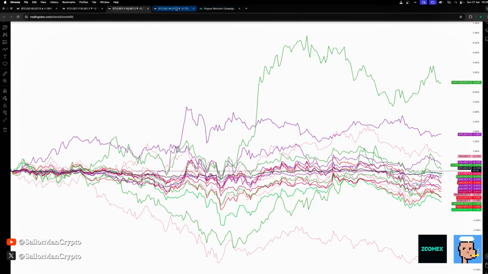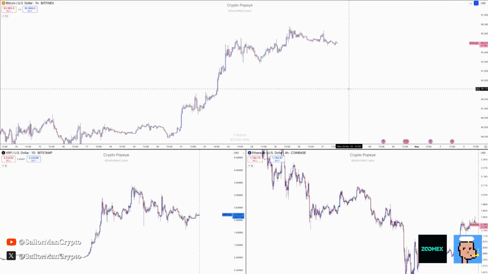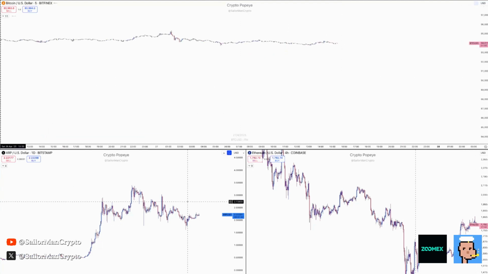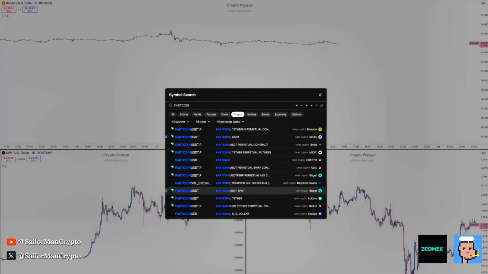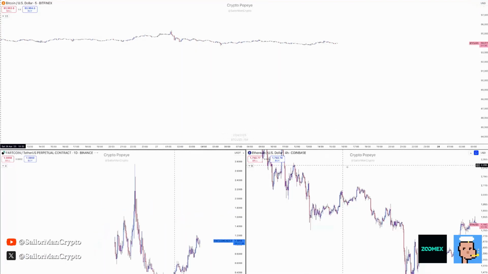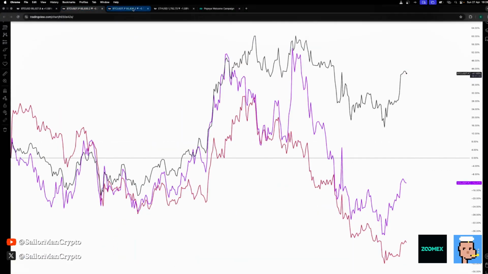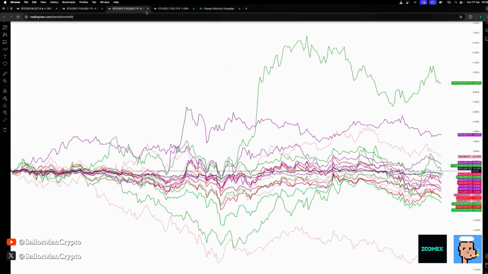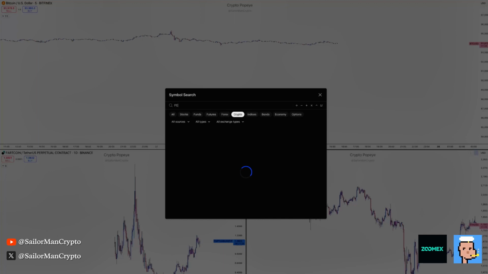So I prepare a chart here to try to compare. We go to a lower time frame to see Farcoin and probably Pepe. Farcoin and Pepe.